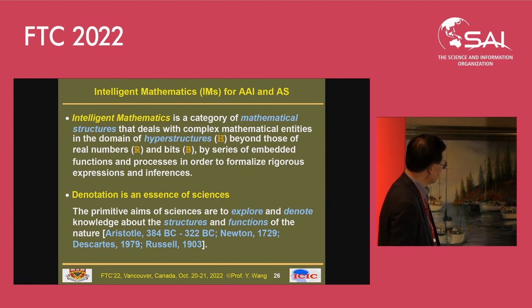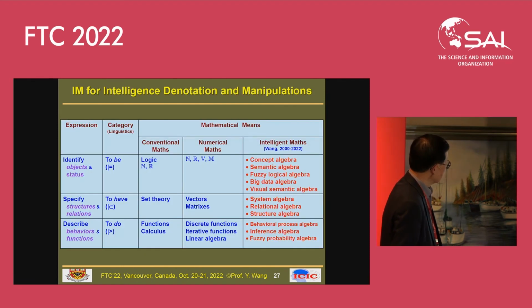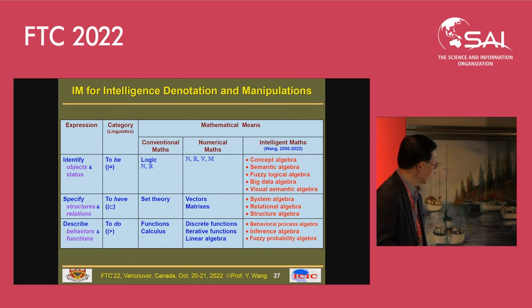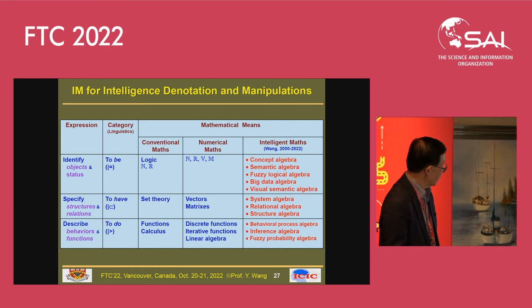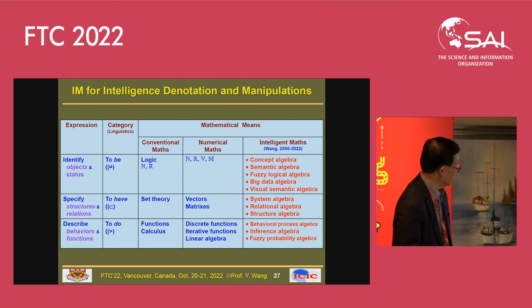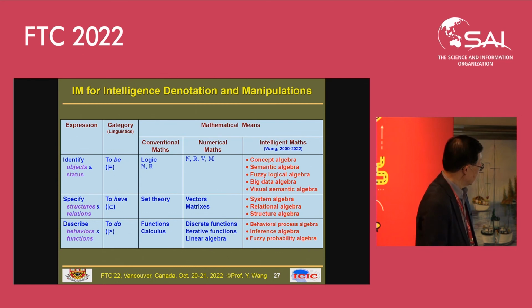So that's where a set of intelligent mathematics was developed. And actually we found that for humans, every day we only process and manipulate 3 kinds of problems: the entities, the functions, and the relations in between. And usually we use the existing mathematical means.